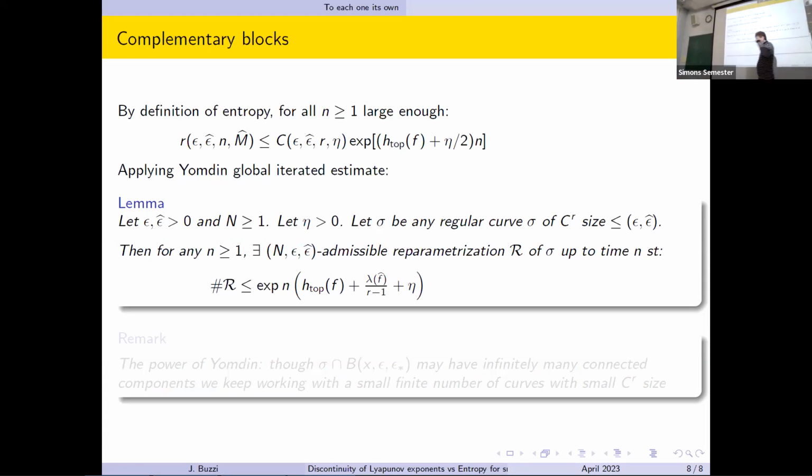Okay, so as I said, the idea is you produce these natural blocks that come from the fact that you have in the limit mu hat some stable part, so part of it is the negative Lyapunov exponent.